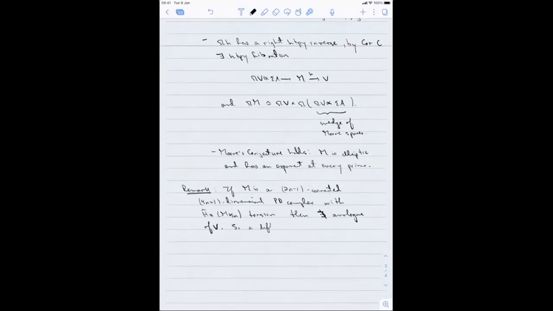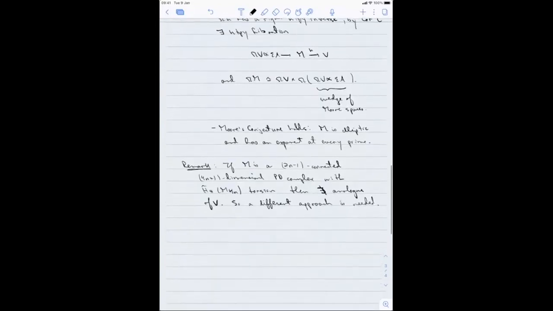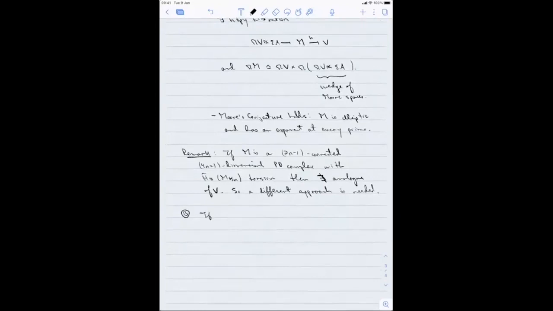So a different approach is needed. This has been worked through to some extent, not just for 2n minus 1 connected 4n plus 1 dimensional Poincaré duality complexes, but in the whole n minus 1 connected, 2n plus 1 dimensional setting. So let's just do that.